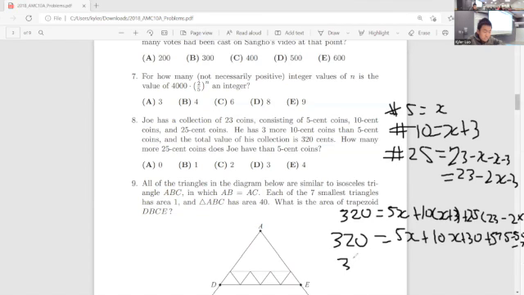So we could simplify this as 320 equals, first we could do 15x plus 530 and then minus 50x, and then we get 320 equals negative 35x plus 530.